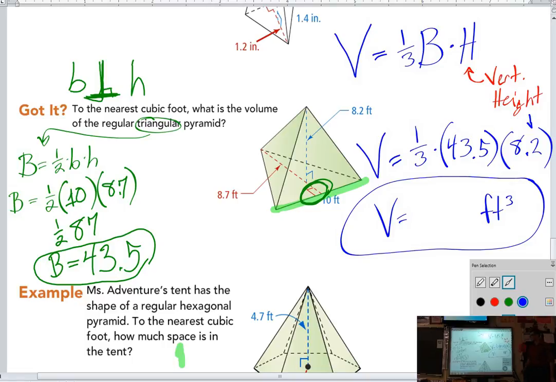So, what's my volume? Who calculated it? Verification? I got 118.9. So if we round to the nearest whole foot, 119 feet cubed. Questions.